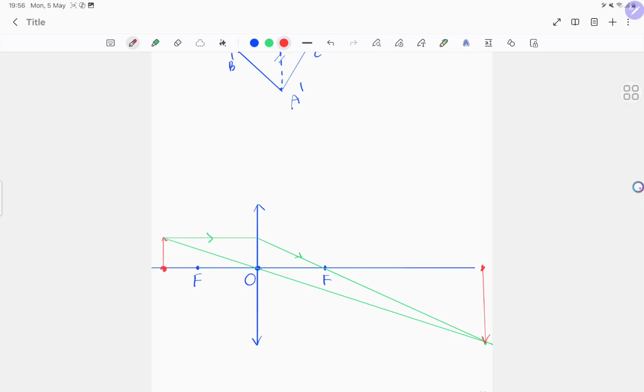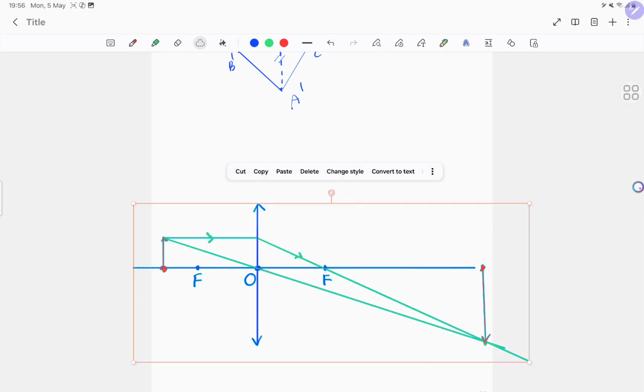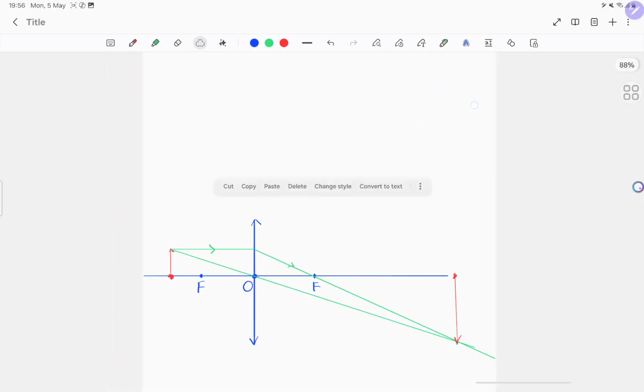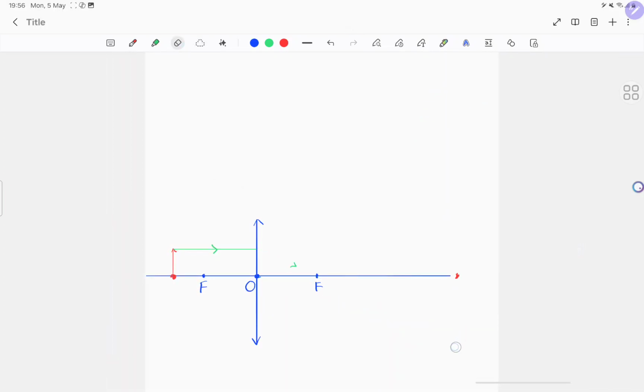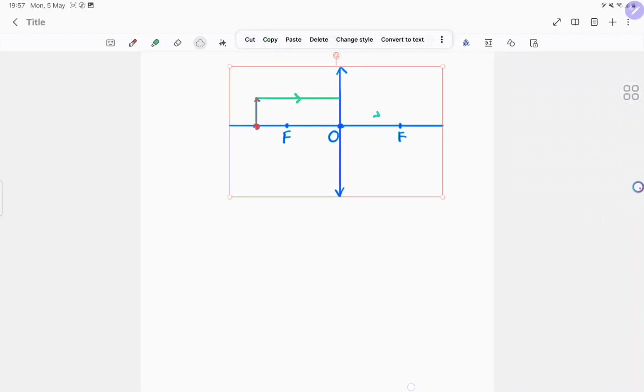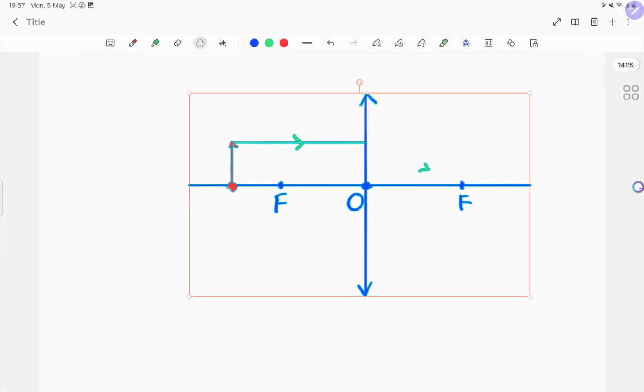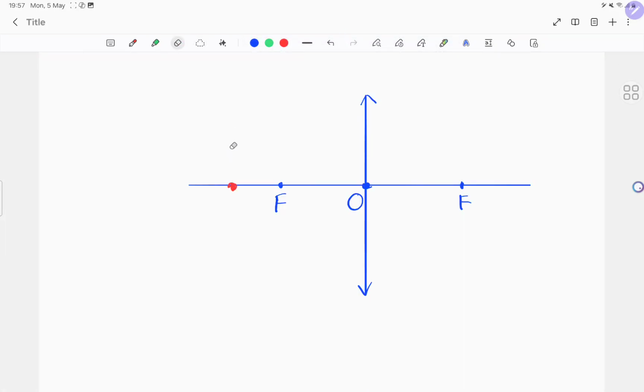Another case, the image would be behind this arrow. So there's another way you can draw it. Let's take this thing. Wait, give me a moment.